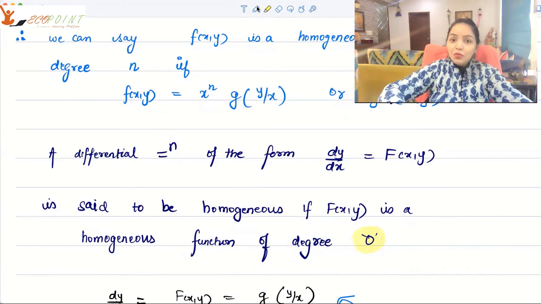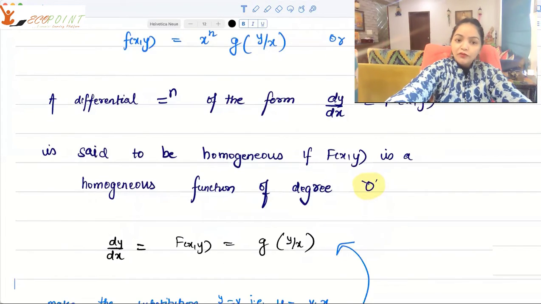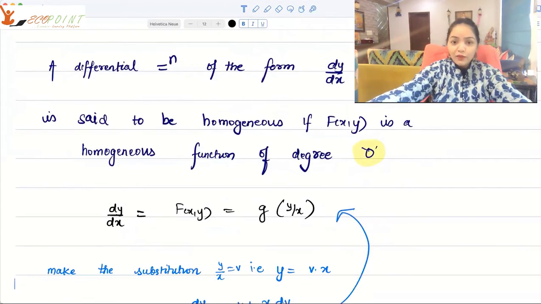So in other words, I'll be able to write f(x,y) as g of y by x or g of x by y. So this means that a homogeneous differential equation would be of the form dy by dx equals to f(x,y), which could be just equal to g of y by x.